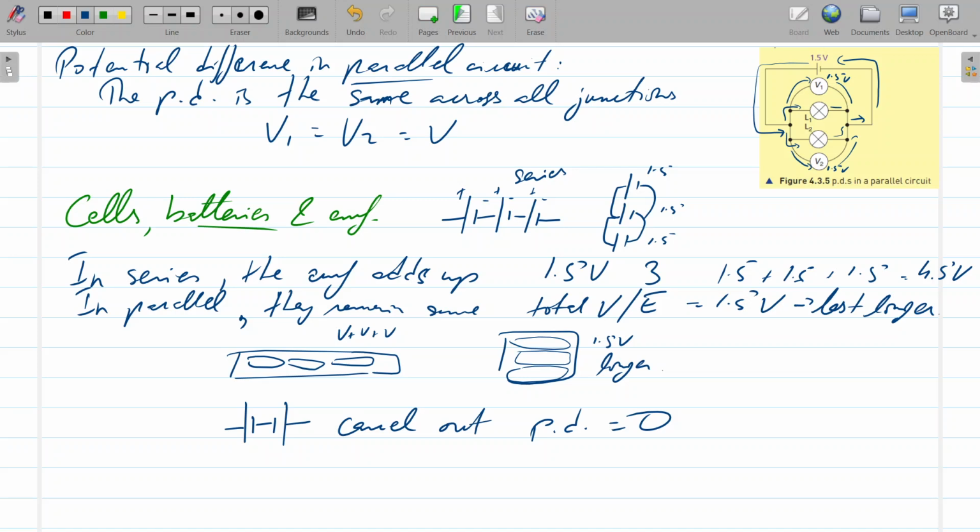They also remind us of the equation that voltage equals work done per unit charge. That's something we've done earlier, and it's reminding us, remember we talked about that? Just keep that in mind.